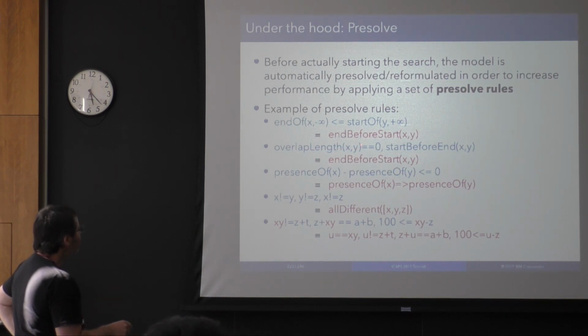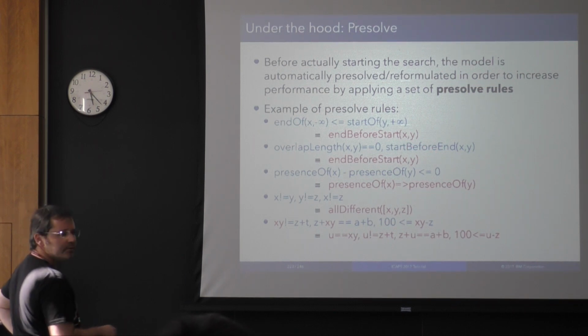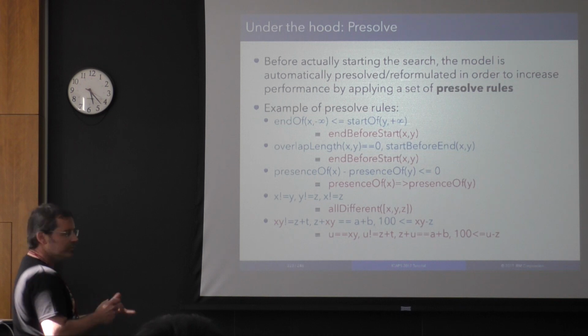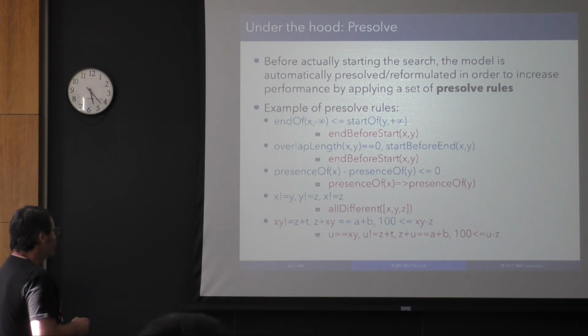Suppose that you have a constraint that says x and y overlap length is 0, they cannot overlap, and x starts before the end of y, then you can strengthen this precedence by saying that x must end before the start of y. We aggregate some constraints here.